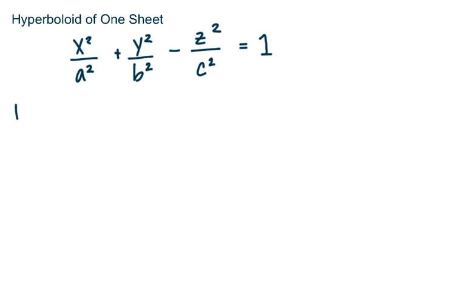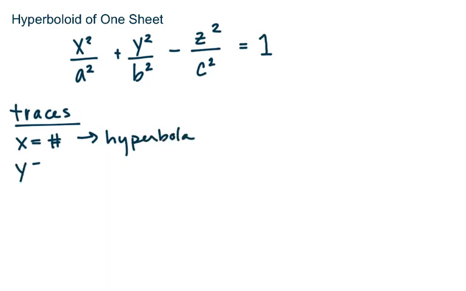Let me give myself more space. So my traces. What happens if I let x equal some number? So if x equals a number, this term becomes constant, and I'm left with the equation of a hyperbola. Same if I let y equal a number. If I let y equal a number, I also get a hyperbola, right?